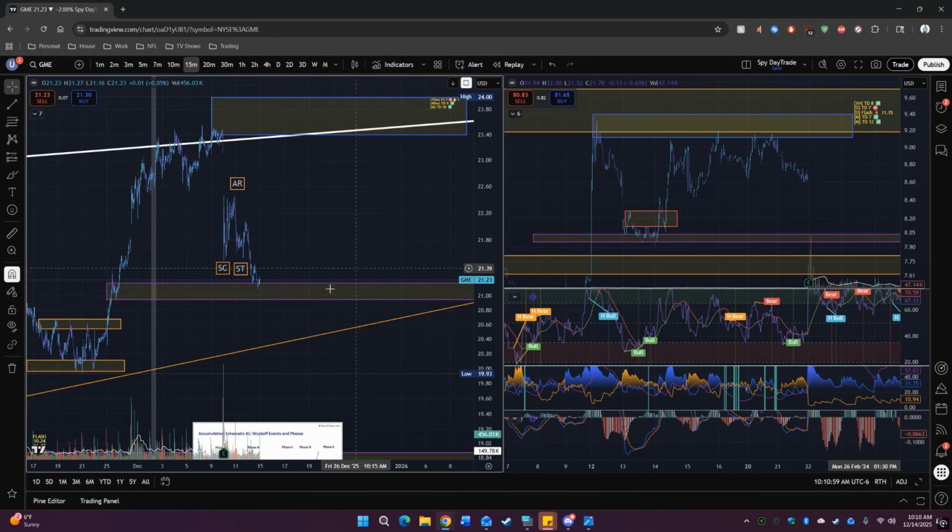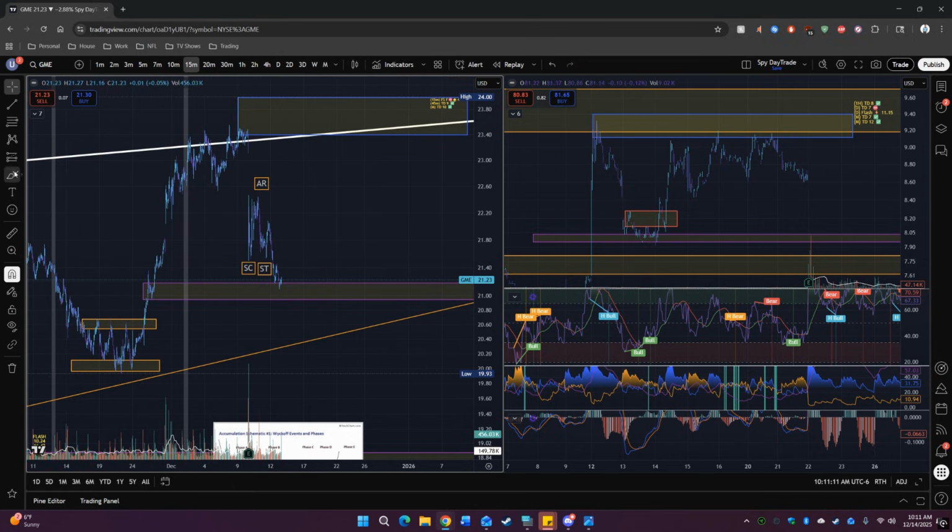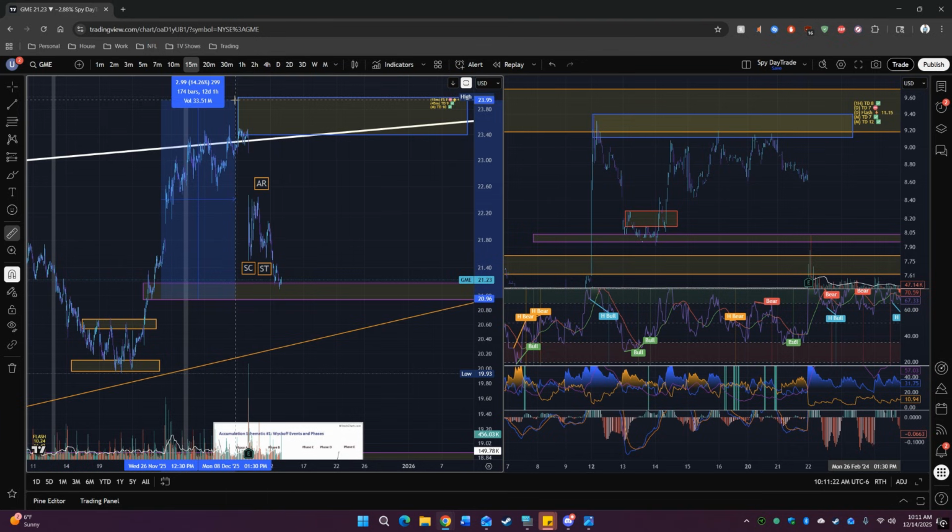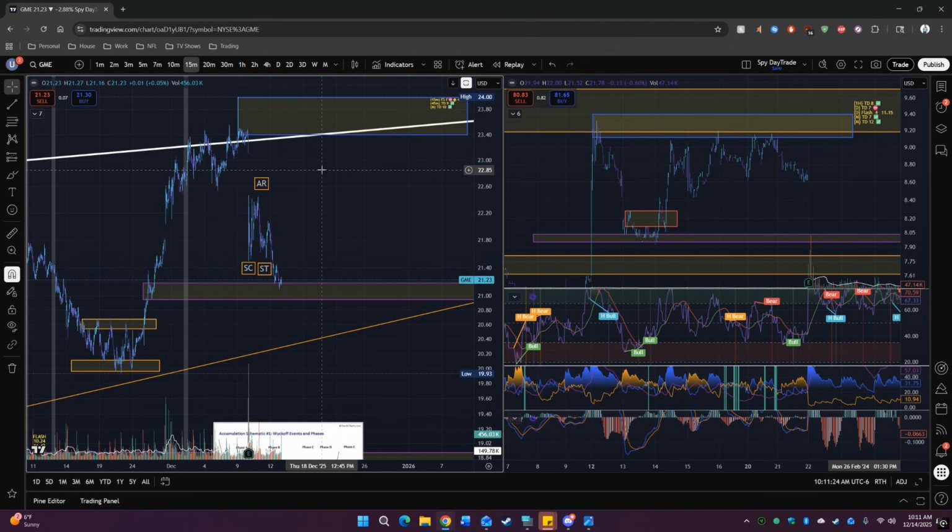It is important, especially now that we've drawn this demand zone box on the 4 hour. This was the original spot where, out of this accumulation, we broke out of it and then used this zone to back test and use that as a launch pad to then go an additional almost 15%.